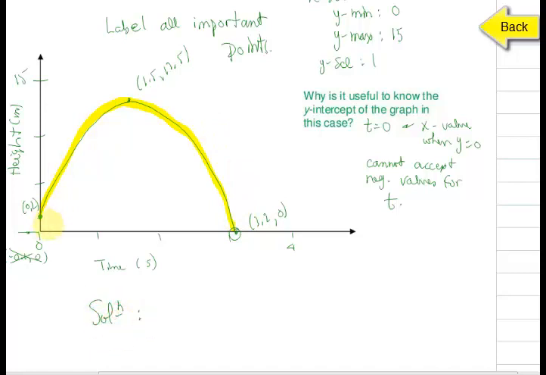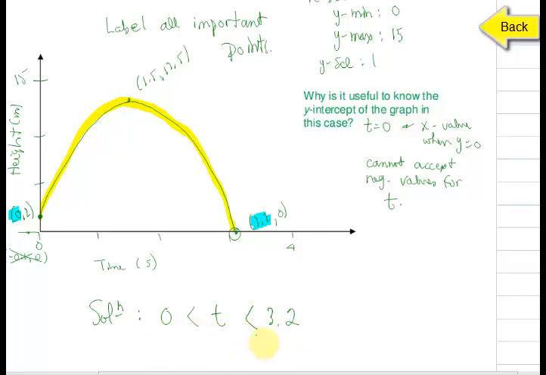Notice that the first point that shows up on our graph is at 0 and 2, and our x-coordinate at that point is what's important here. And at the other end too. And so when we write our solution, we go from 0 seconds to 3.2 seconds. Okay, so that's how we'd write our solution for this.